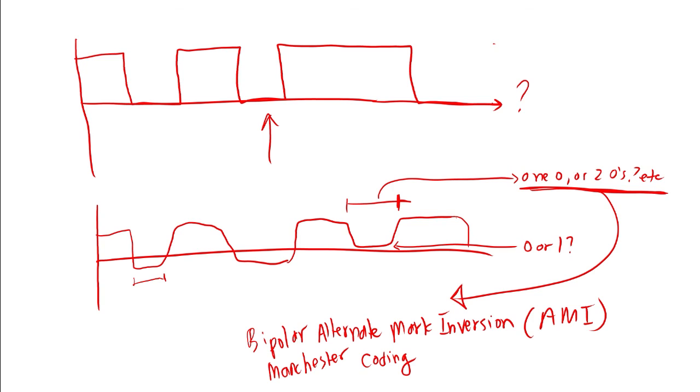So what we do is rather than have a bit that's just positive, it'll be positive for half the signal and negative for half the signal. And so our transition to the next bit happens in the middle.